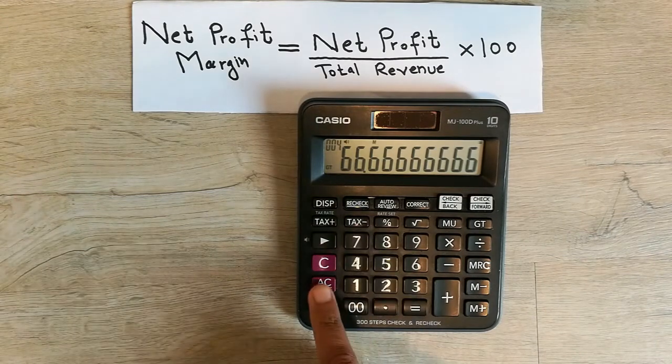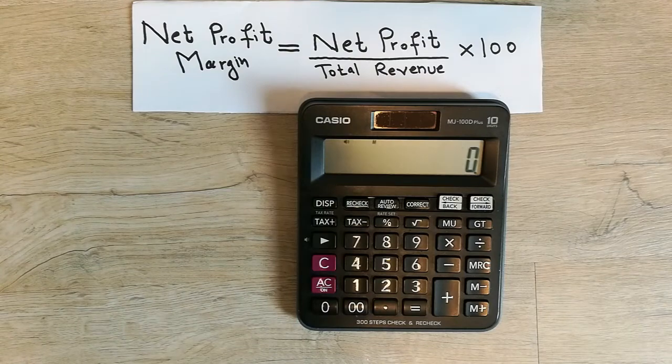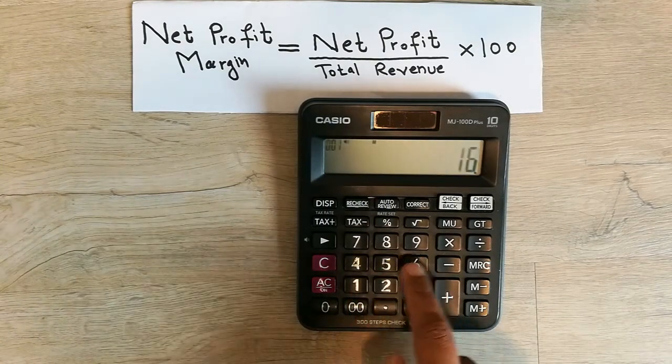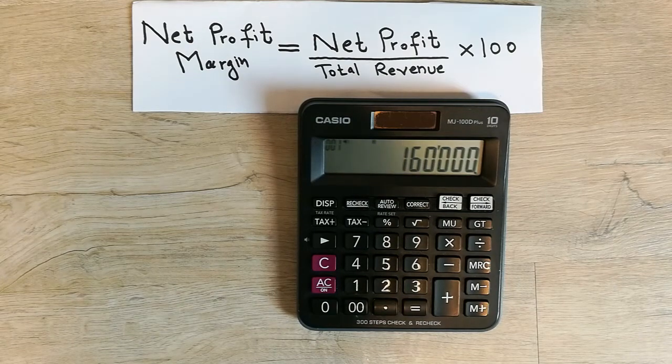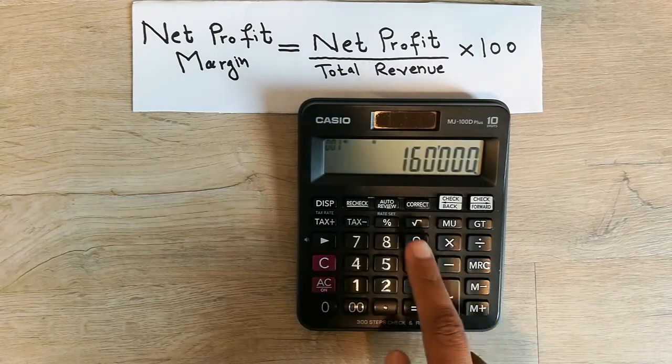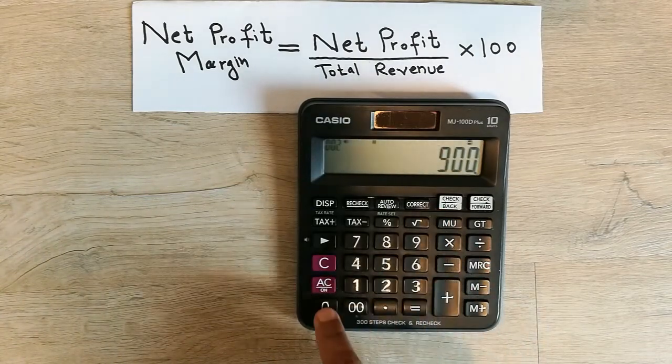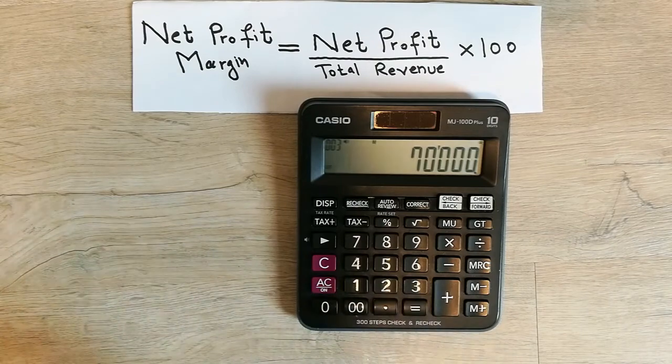I will show you one more example. Let's say we have a total revenue of 160,000 rupees or dollars or whatever currency, and our total expense is, let's say, 90,000. So 160,000 minus 90,000, this is the first step. So 70,000 is our total net profit.